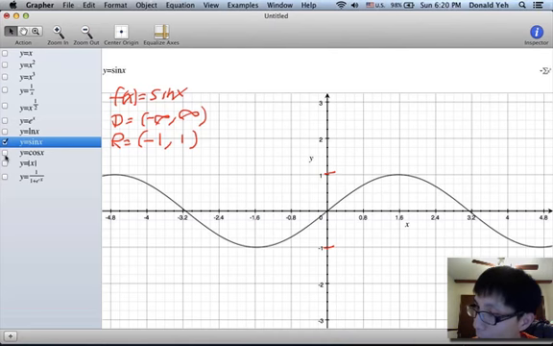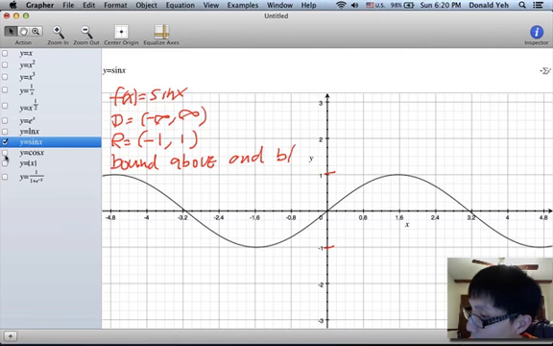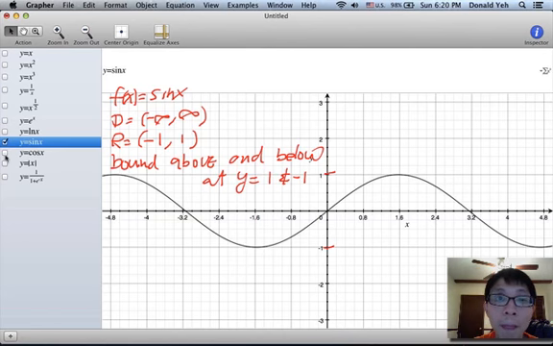So you're bounded above and below, at y equal to 1 and negative 1.